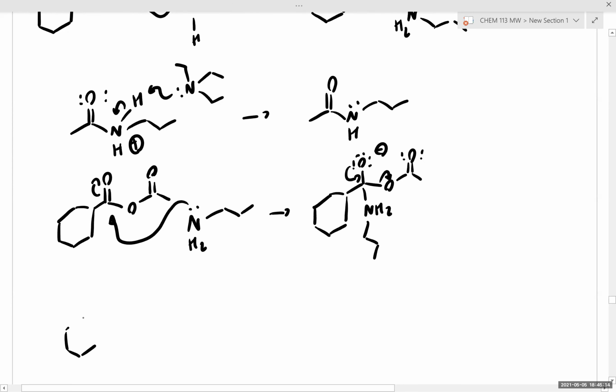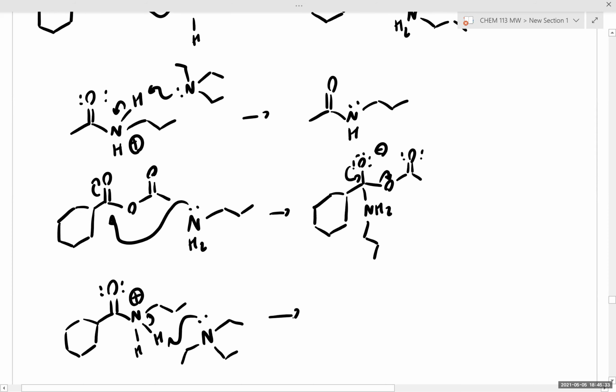That in turn gives us our amide product, which is isolated as the neutral amide after deprotonation with triethylamine. So in this case, because we have an asymmetrical anhydride, we get two amide products.